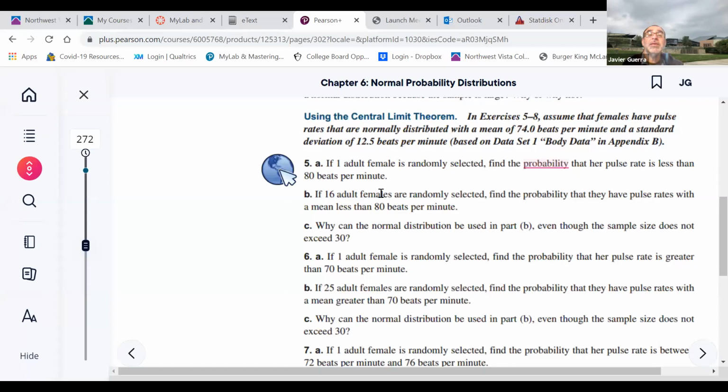Who can spot it? Where does it say that it is normally distributed? So you guys can find it.